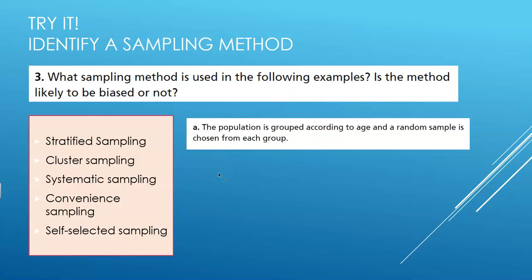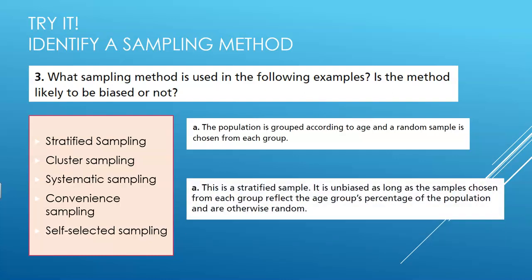So now you try it. We're going to do the same thing. Which of these sampling methods do you think was used here? The population is grouped according to age, and a random sample is chosen from each group. What type of sampling is that? Stratified sampling.